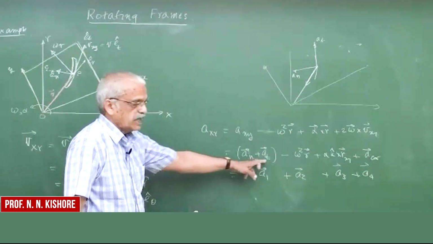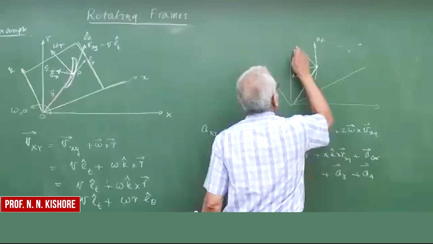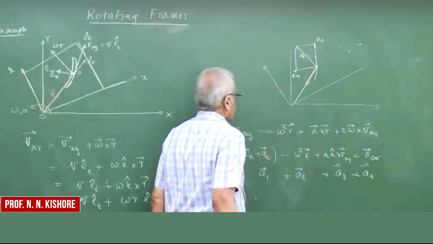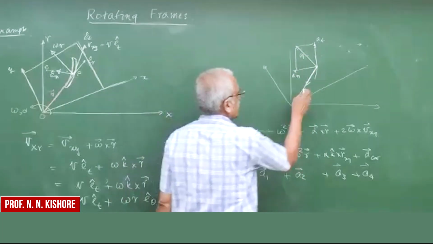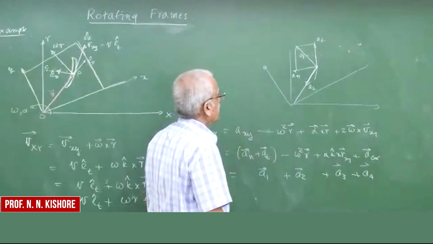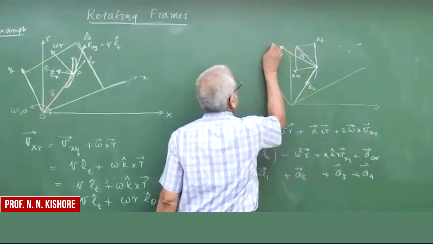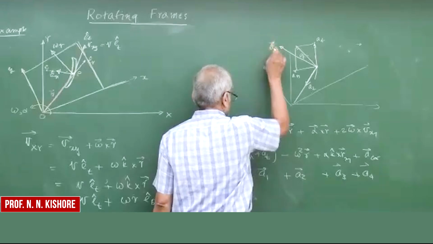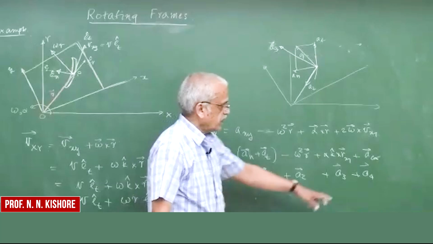So we have a_n and a_t. This is nothing but a1, and then we have omega square r here. This is a2, and then we have the tangential one, which is a3.